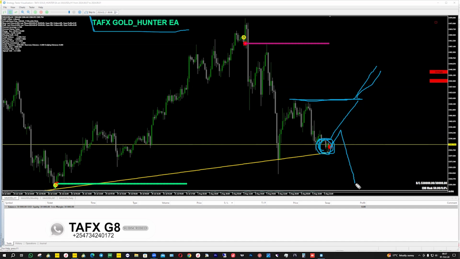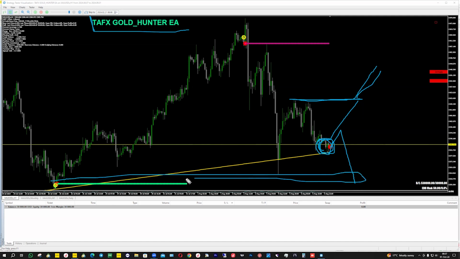Remember, there is no EA or strategy that controls the market, so anything can happen. So if there will be a BOS, not a BOS, a change of character here, and the market starts going down, trust me, the system is capable of moving from buys to selling because the trend has changed.